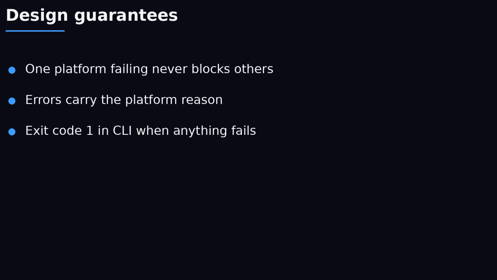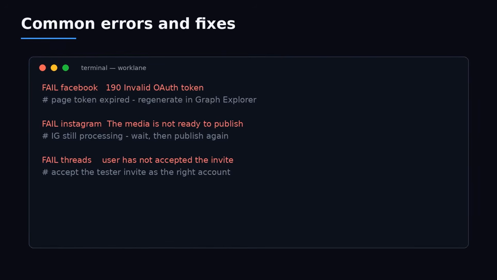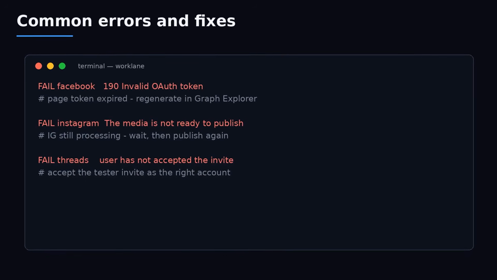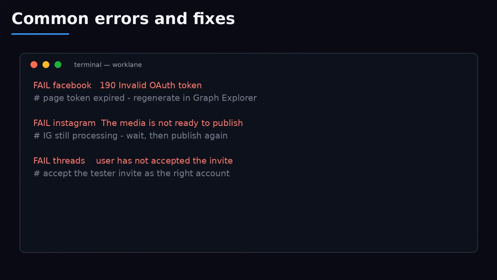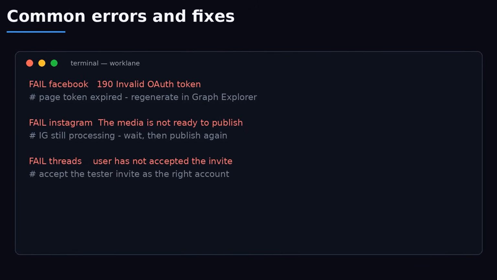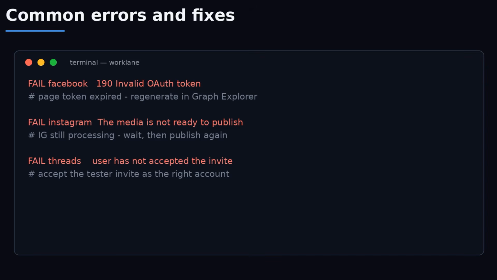Let's talk troubleshooting, because you will hit these. Error 190 on Facebook means your token expired or lacks permissions. Regenerate the page token. If Instagram says the media is not ready to be published, the container is still processing on their servers. Wait a moment and publish the same container again.